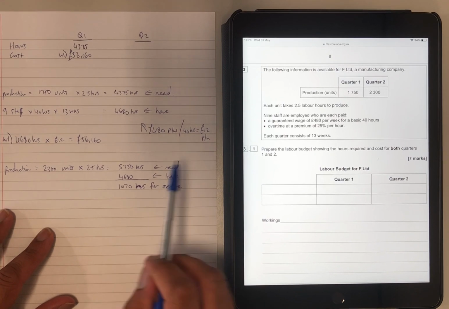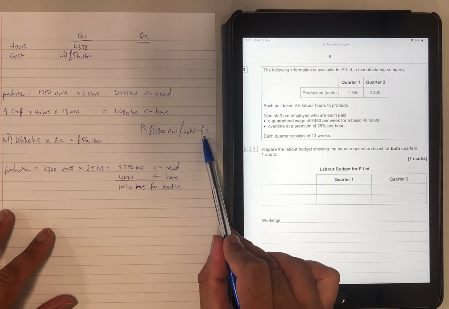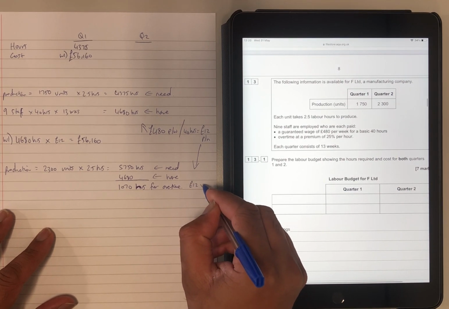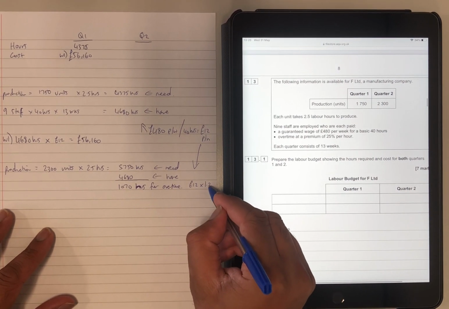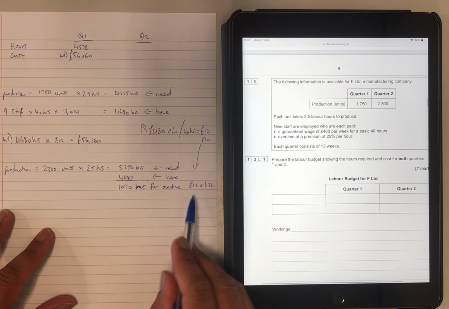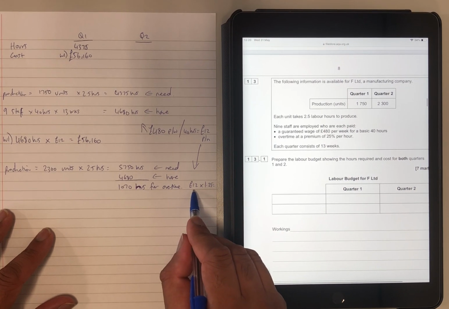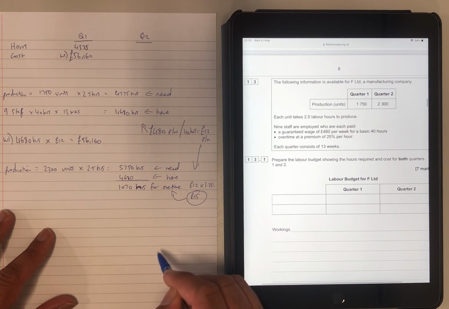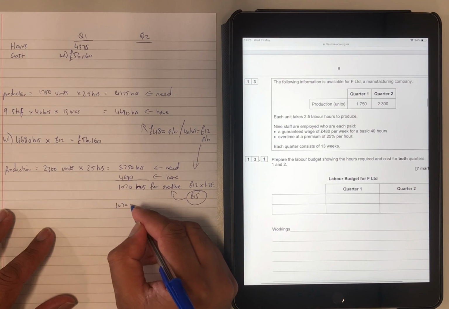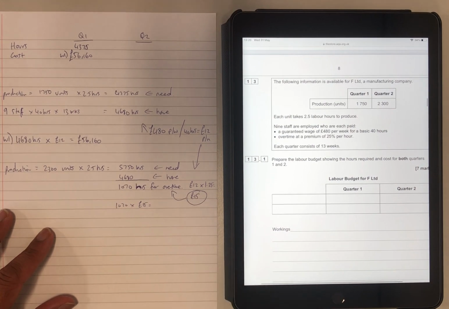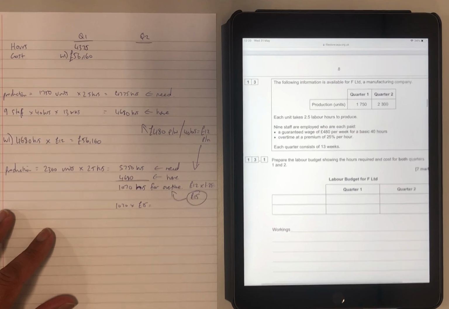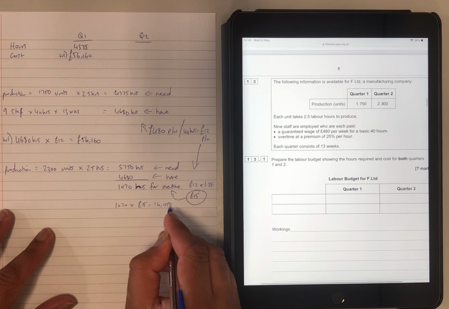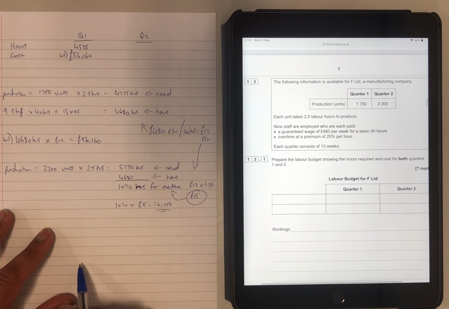If it's £12 an hour standard rate, £12 times 1.25, a quarter more, becomes £15 an hour. That's the overtime rate. So 1070 times 15 equals 16050.